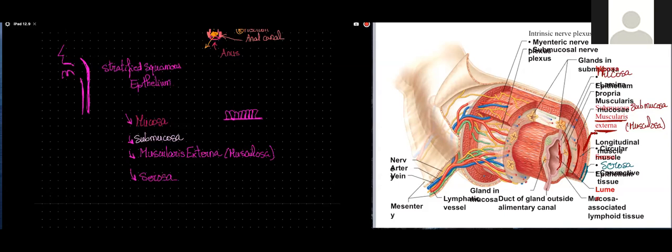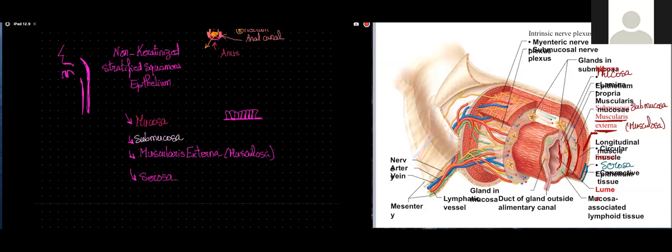So your skin did have an epidermis formed of keratinized stratified squamous epithelium. Here, the oral cavity, the pharynx, the esophagus don't have a keratin layer. So they are lined with non-keratinized stratified squamous epithelium.